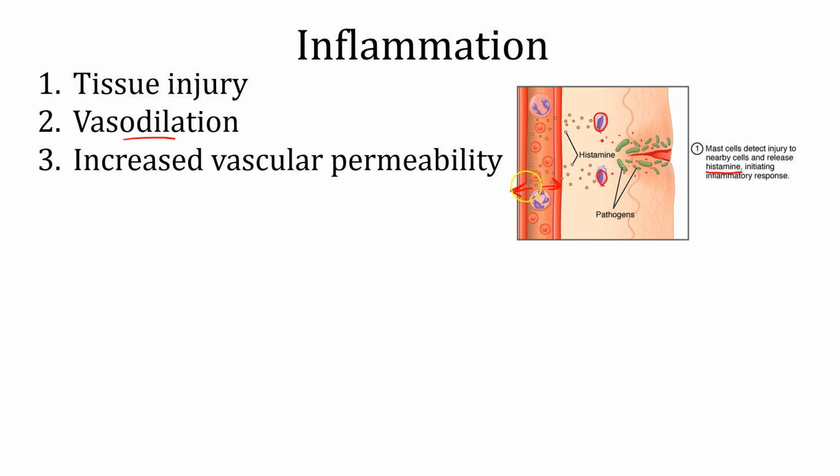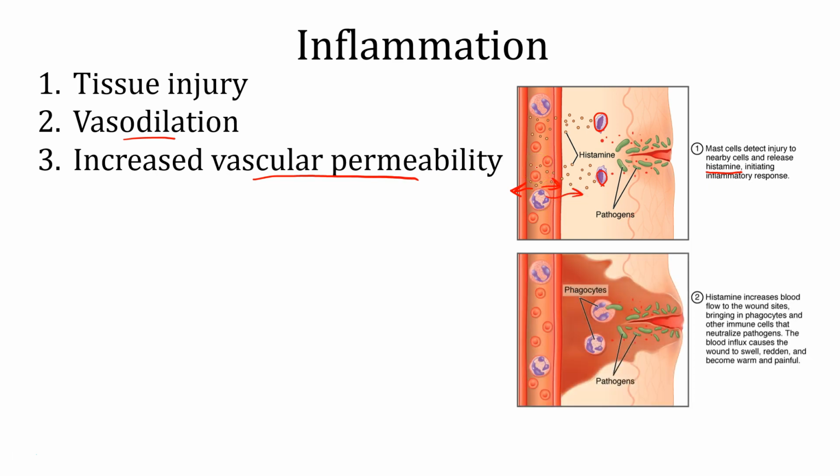The vasodilation will cause more blood flow to the area, which is why places that have inflammation appear more red, and also are usually a little more warm to the touch because they have more warm blood going to those regions because of the vasodilation. But also because the endothelium is more permeable, it allows neutrophils and things to get out a little easier.